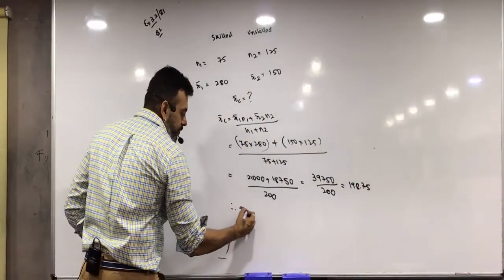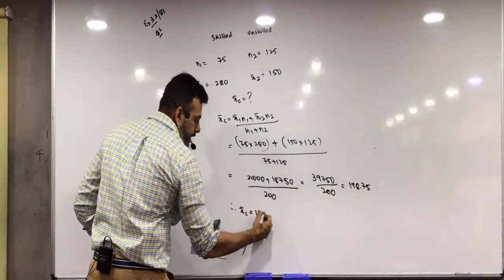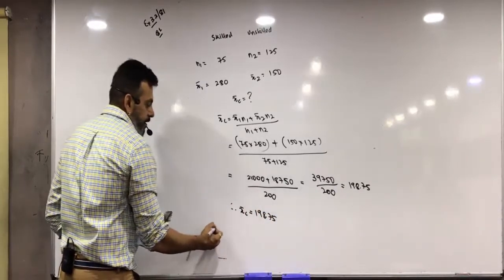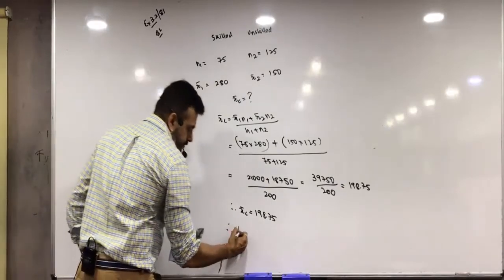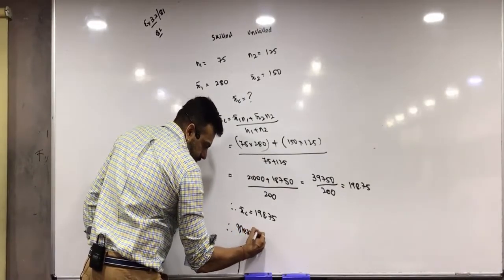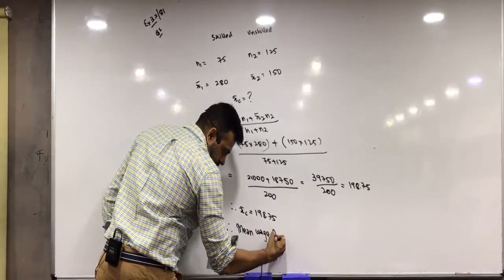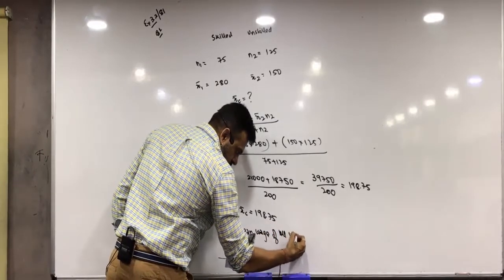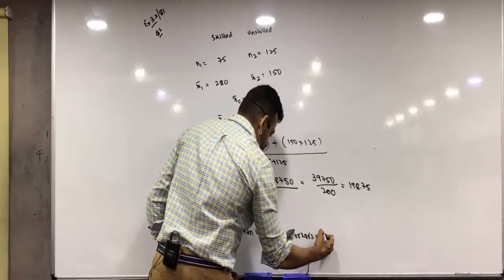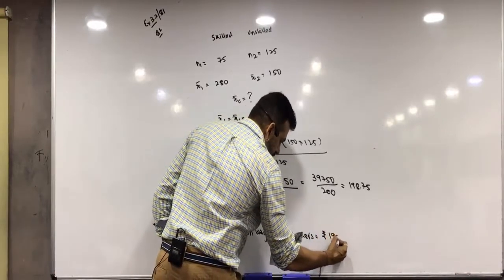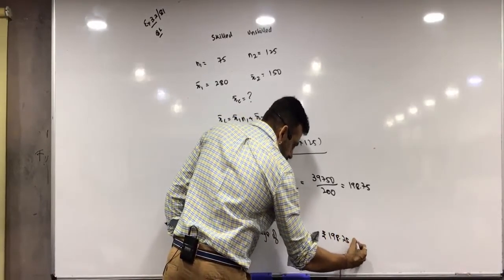Therefore, X bar C is equal to 198.75. Likh lo, mean wage of all workers is equal to rupees 198.75.